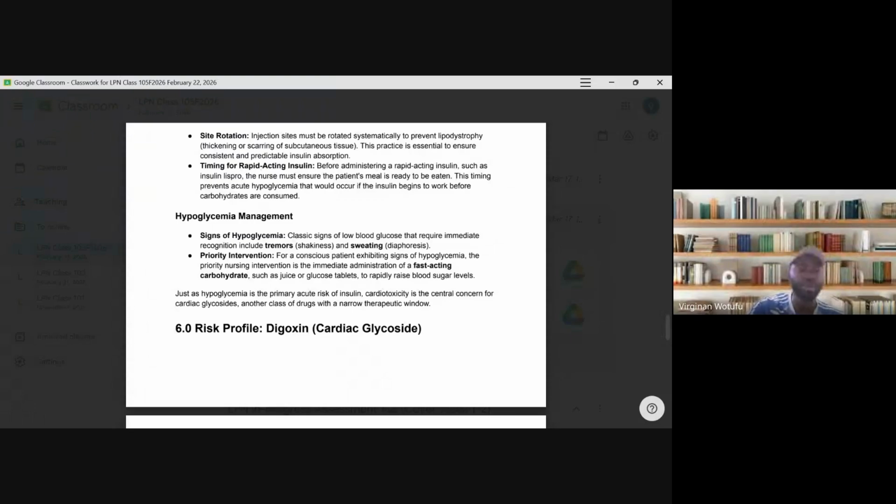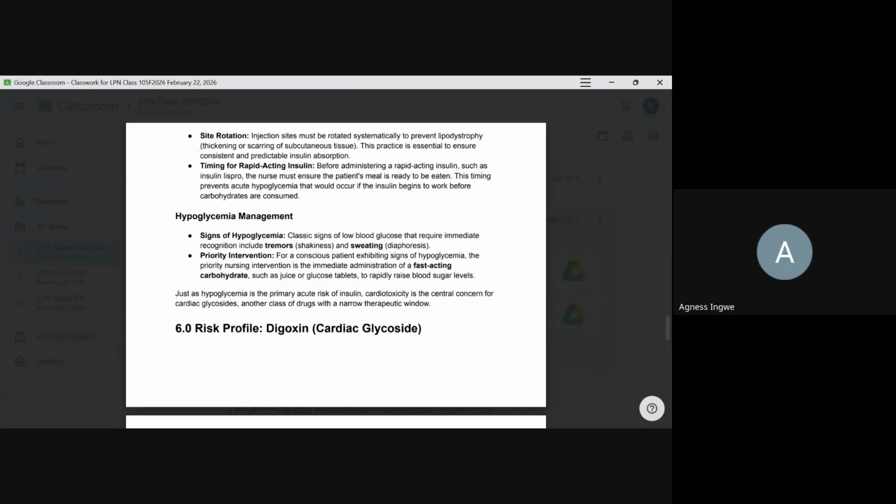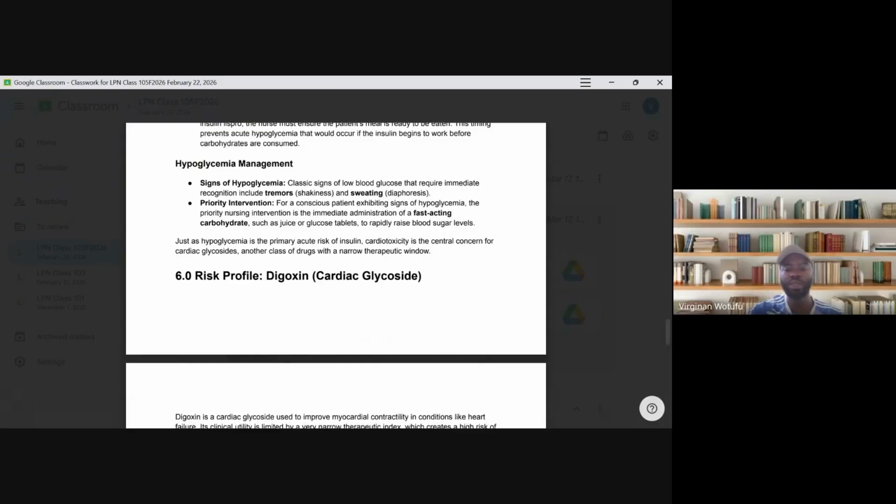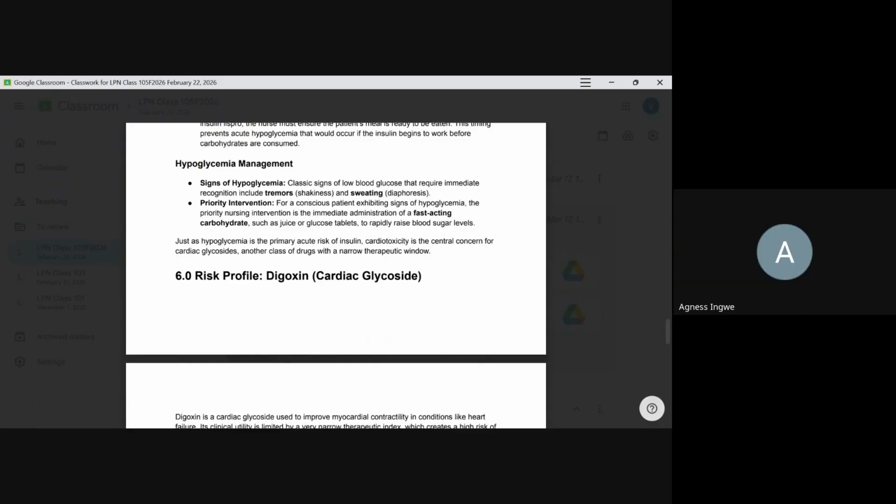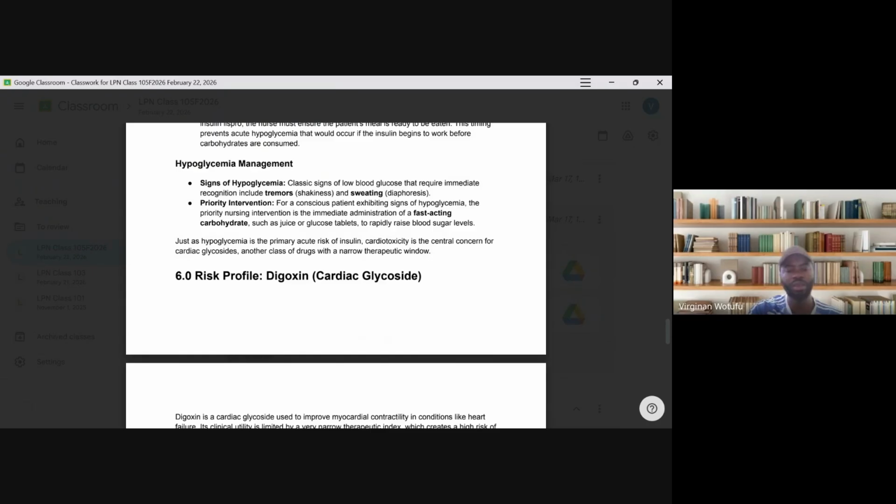The toxic effect is when the medication accumulates and it's causing harm to the body, right? So with digoxin, it has a very narrow therapeutic window, 0.6 to 1.2. So it requires close monitoring consistently to prevent toxicity.